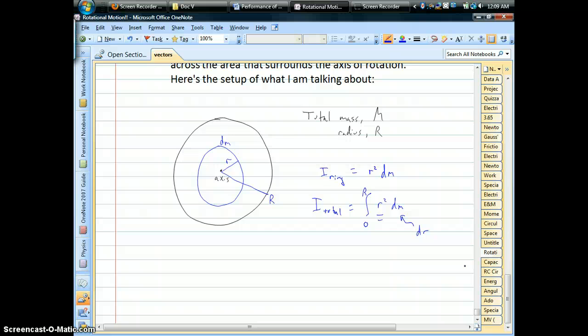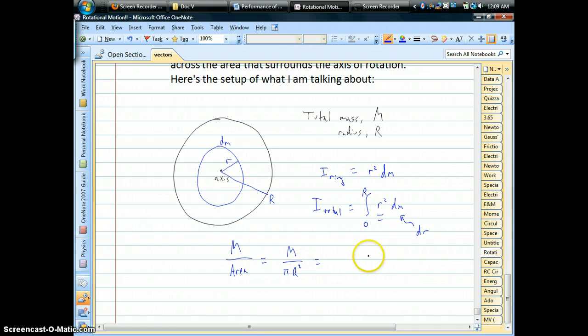So instead of using a ratio of mass per unit length, we're going to use mass per unit area. So for the total disk, this ratio is the total mass of the disk over the total area of the disk, which would be pi big R squared.